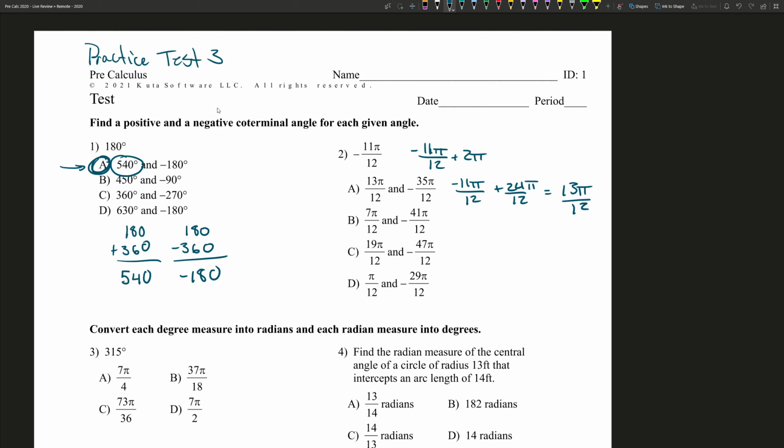And then just to check, we could do negative 11 pi over 12 minus 24 pi over 12, which is negative 35 pi over 12, which is, again, option A. Right, so adding or subtracting just different numbers of rotations.